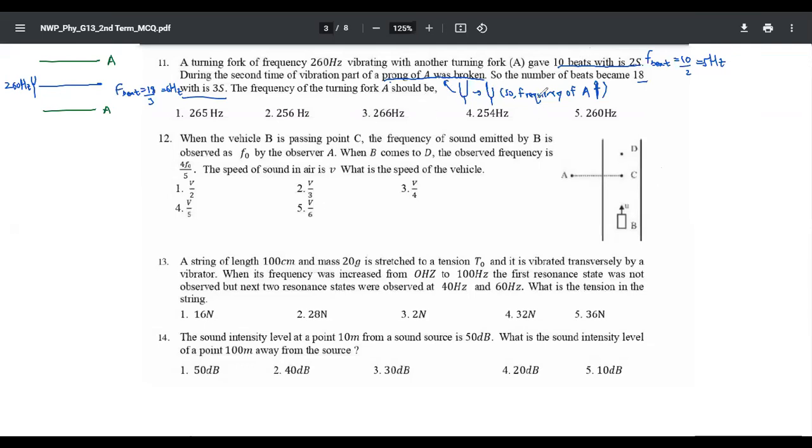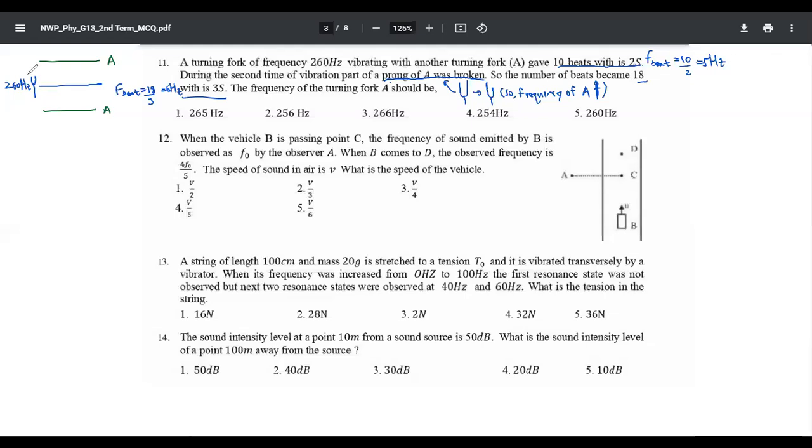Let's try to find out the frequency of A after it's broken. The frequency of tuning fork A after the prong was broken. Let's try to find that now. All right, we'll do it that way because this question is nothing.